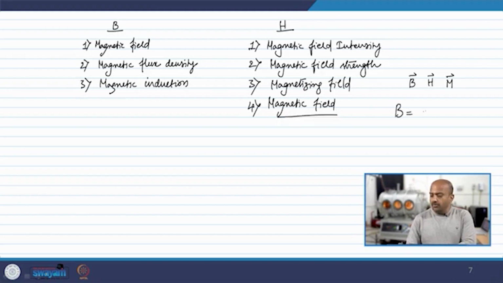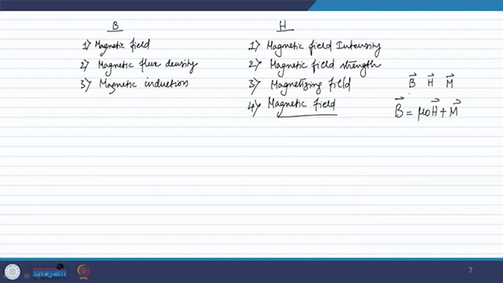And one relation which connects all of this: B is equal to mu naught times (H plus M), right.